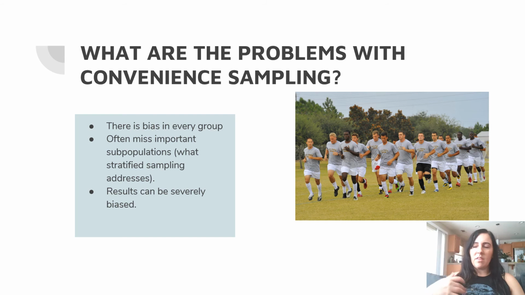And you decide that whoever stops at my booth, or whoever I can get their attention and ask them some questions, those are the people who are going to be in my convenient sampling study.